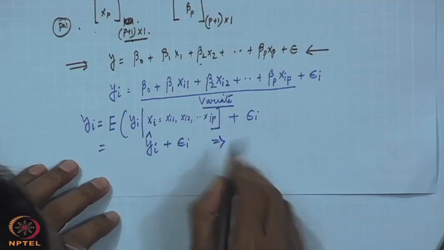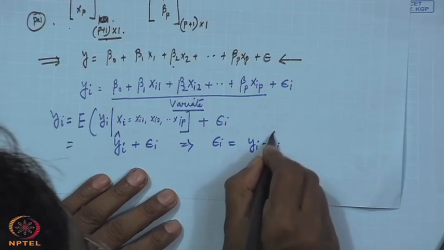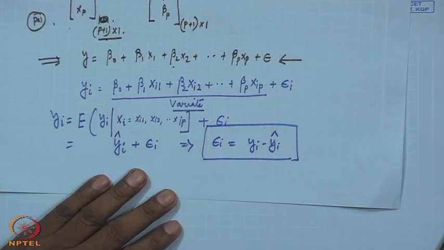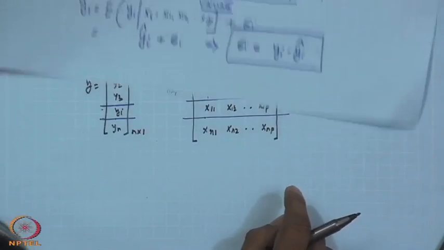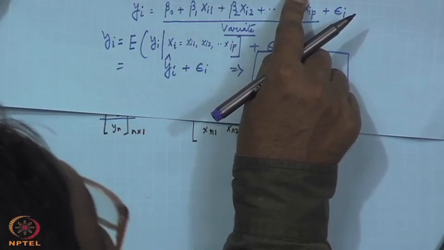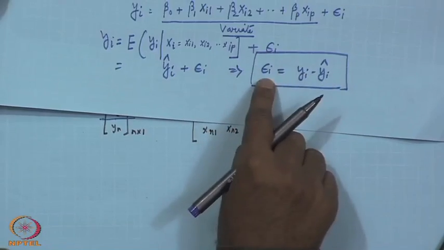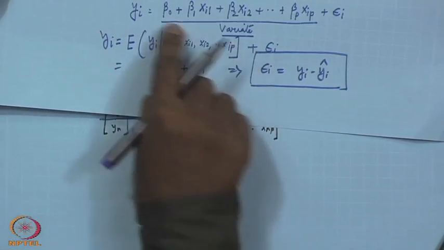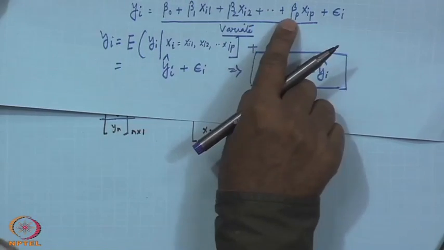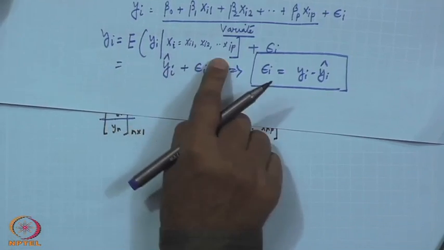So, I can write from here that epsilon i equals yi minus yi cap. Essentially, what have we found out here? We have found all the regression coefficients, and also the error term. We also described that this linear combination is the variate, and this variate talks about the expected value of y given this condition.